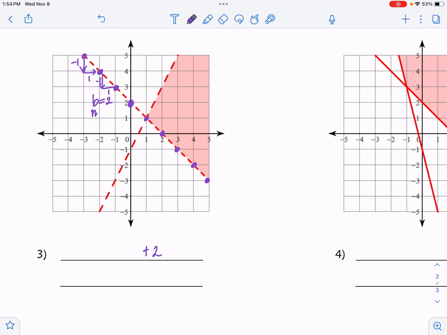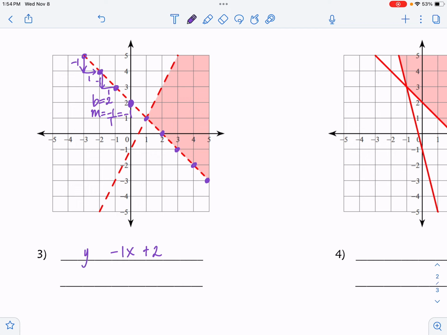And so the slope would be -1 over 1, which simplifies to just -1. So they'll probably either put -1x, or they may even just get rid of that 1 and put -x. It would be the same thing.